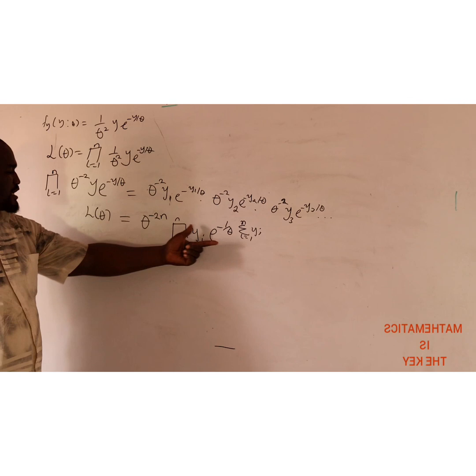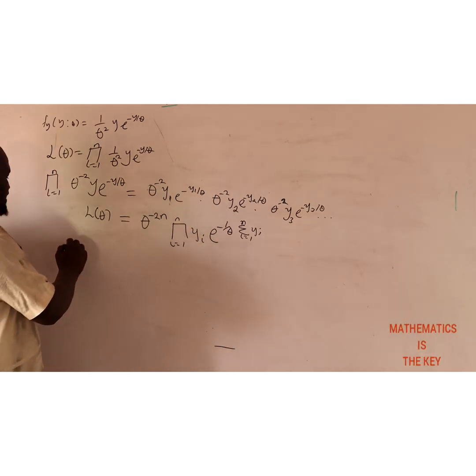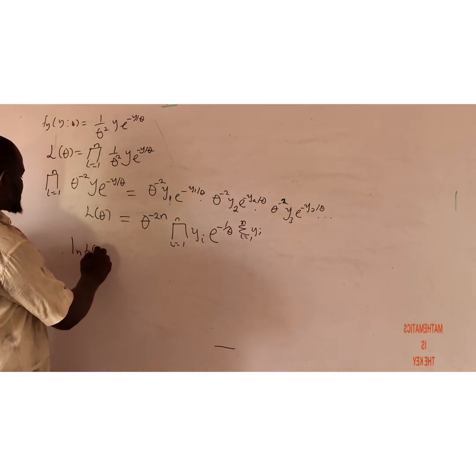And it is in a complex form. We can split it by taking the natural logarithm of both sides.